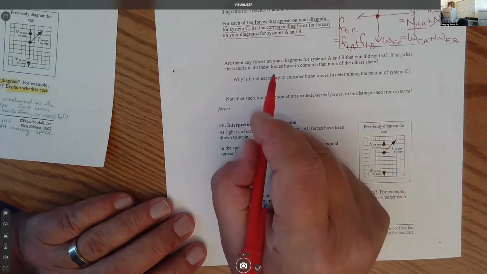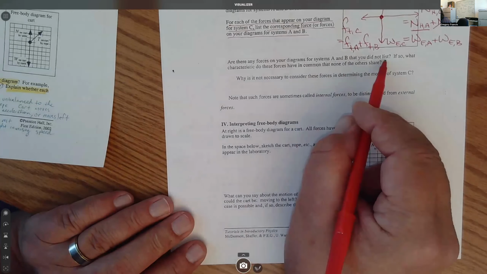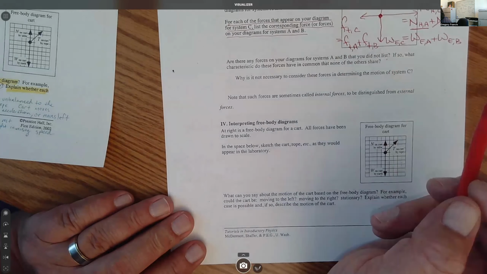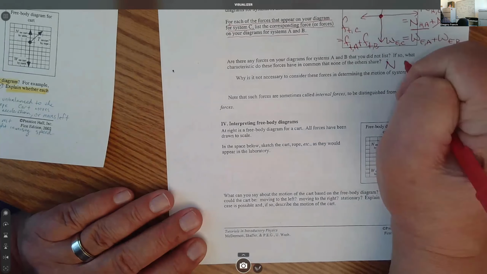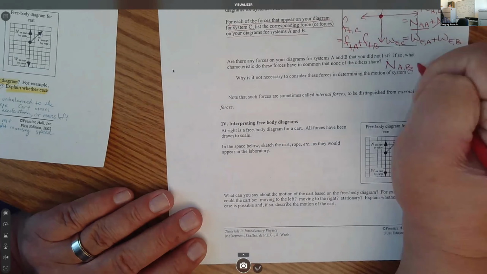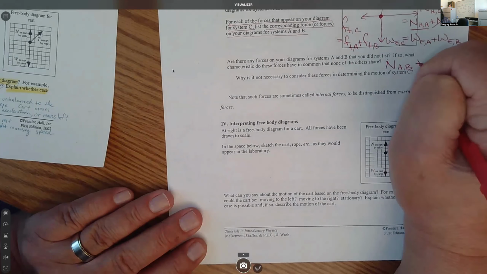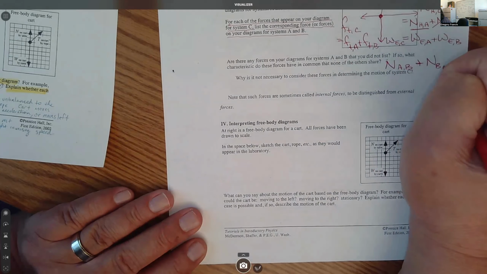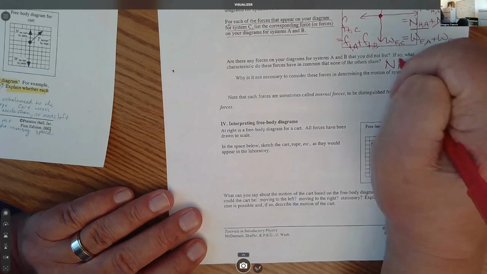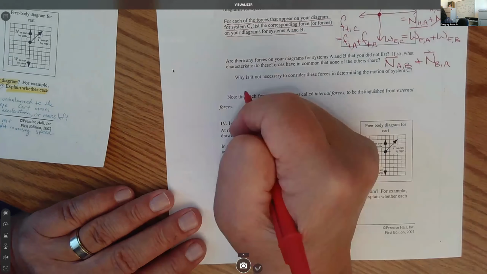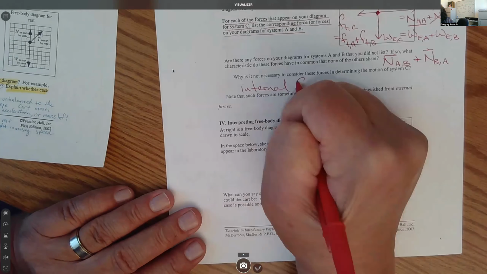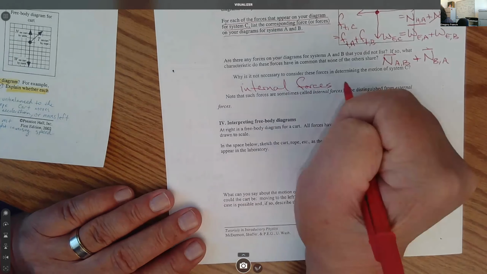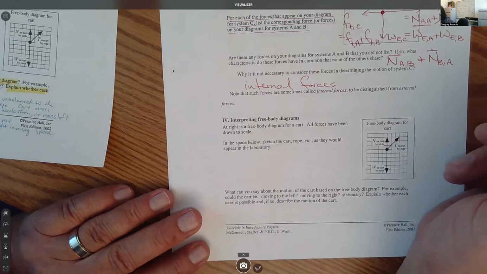Are there any forces in your diagrams for A and B that did not get on this diagram? And it's the normal by A on B and the normal by B on A. And these are internal forces that do not affect the motion of the system.